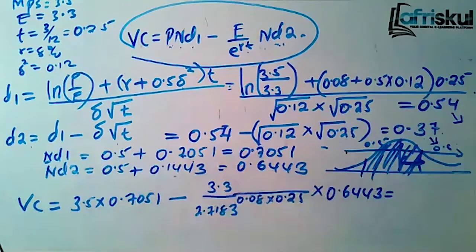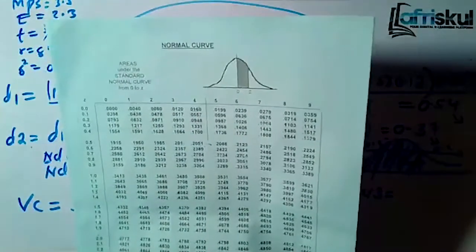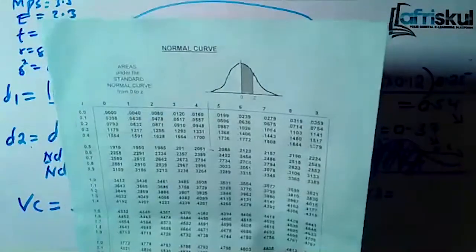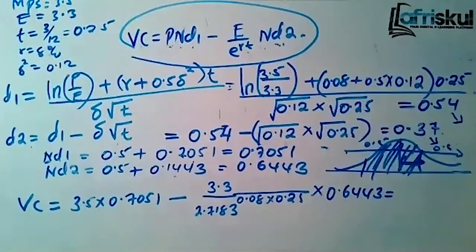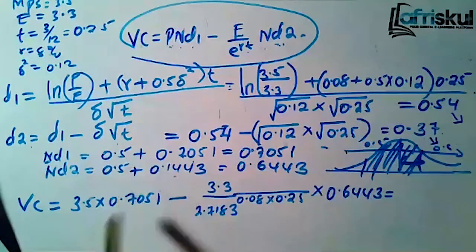Let me repeat again. I can see someone asking me to repeat how to get the D1 and D2. I'm saying that for ND1 and ND2, N means the normal distribution. That means you need to use the normal curve. If D1 and D2 were positive, you take 0.5, you add that.